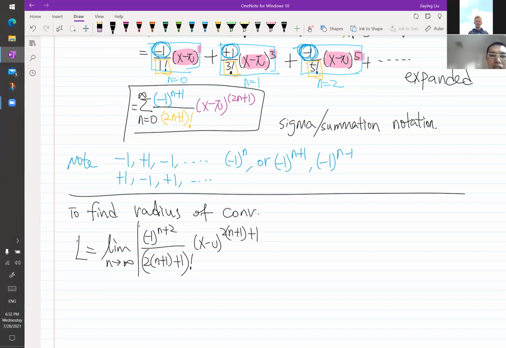I'm going to skip that first step. When we divide by a sub n, we multiply by the reciprocal, so that will be (2n plus 1) factorial, divided by (-1) to the n plus 1, (x minus pi) to the 2n plus 1.